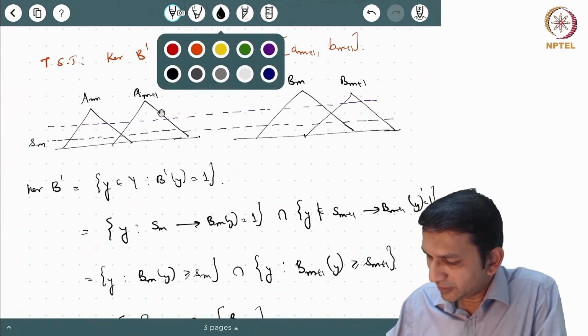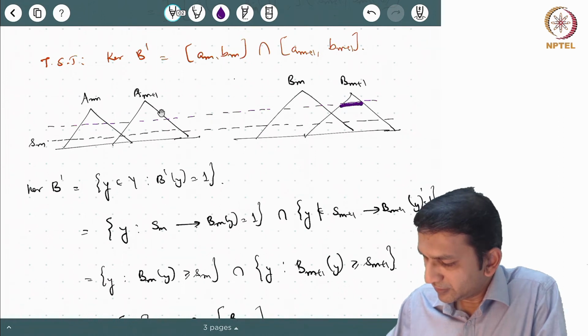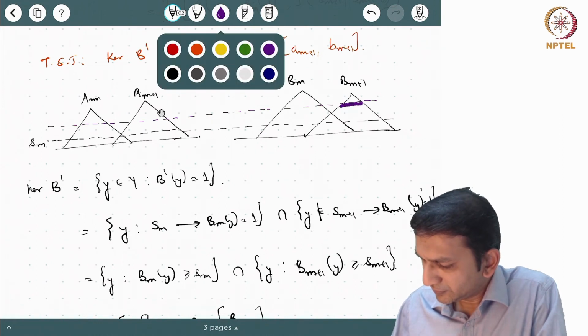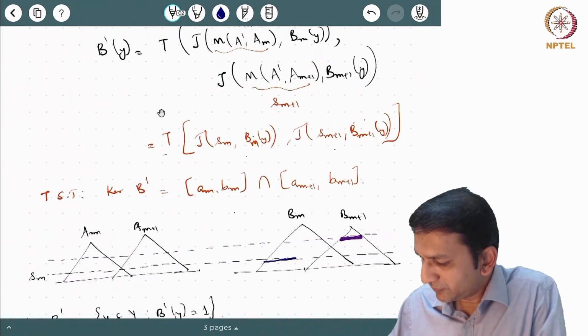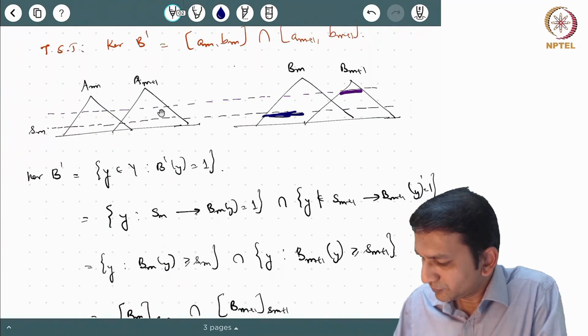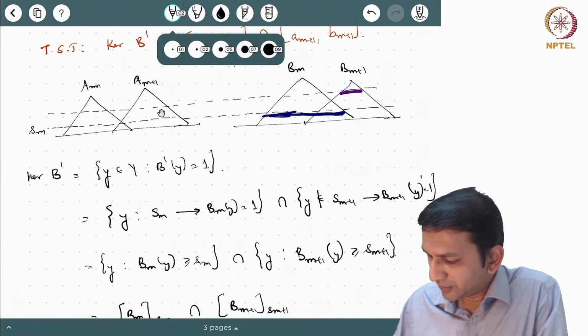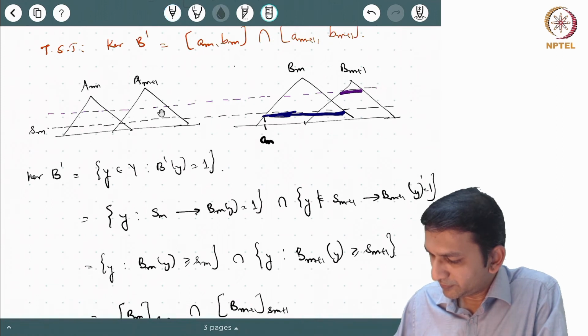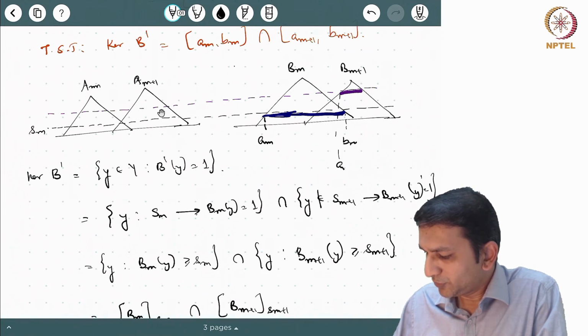Once again, let us color this. So if this is Sm plus 1, then we are looking at this as the alpha cut, and this is the alpha cut for Bm plus 1. So clearly, as in the previous case, we take this to be Am, this to be Bm, and this to be Am plus 1, and this to be Bm plus 1.